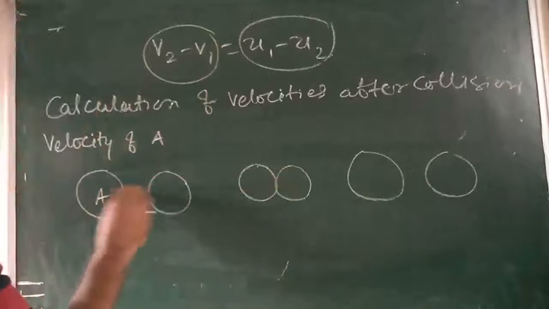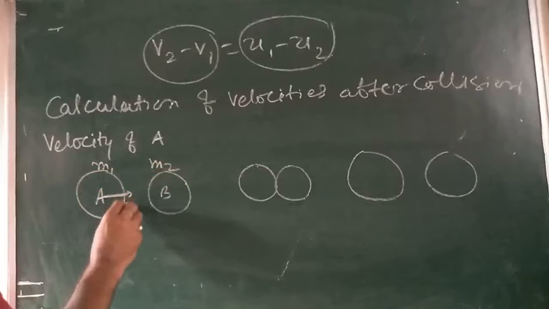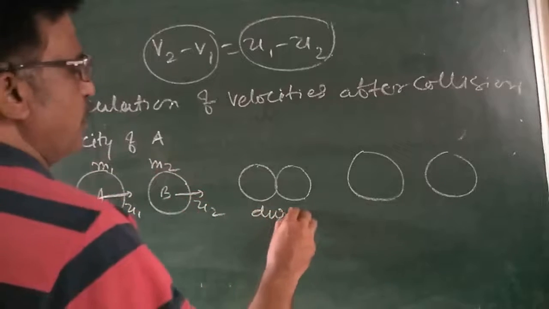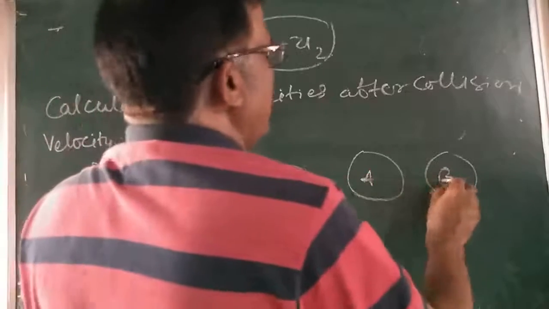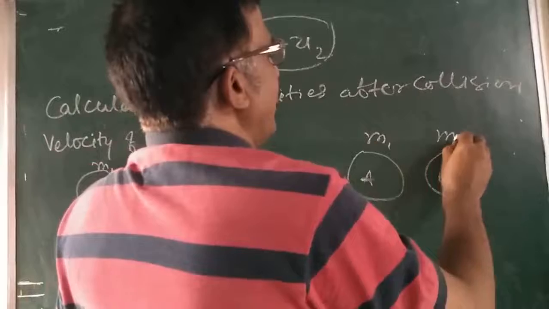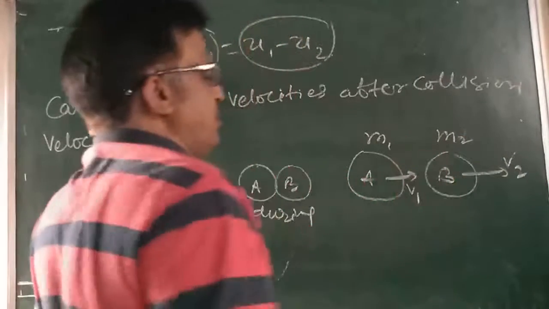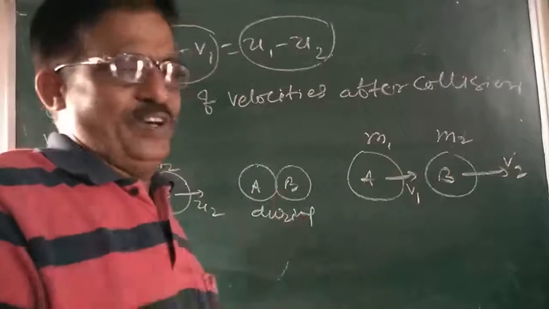Here it is A, B, mass is m1, m2, here is u1, here is u2. During collision, this is A, this is B. After collision is v2 and v1. This is the figure, the same figure as our earlier module.